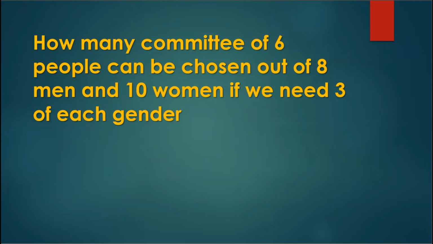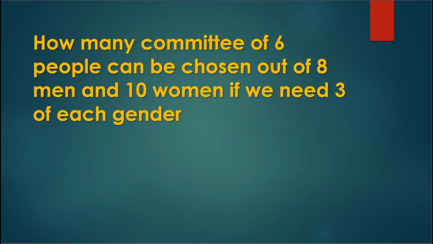How many committees of 6 people can be chosen out of 8 men and 10 women? Pretty famous idea, especially in probability, okay? If we need 3 of each gender, so I need 3 men and 3 women, by how many ways can we choose this committee?